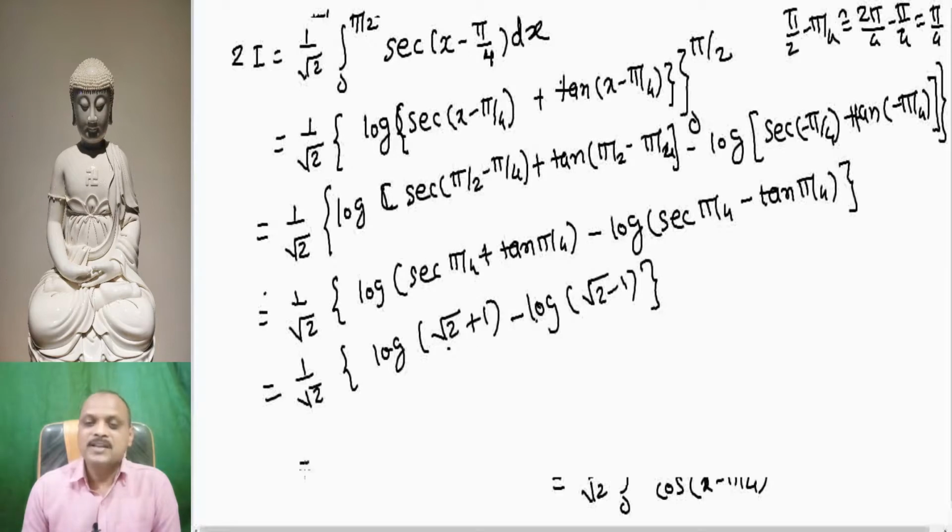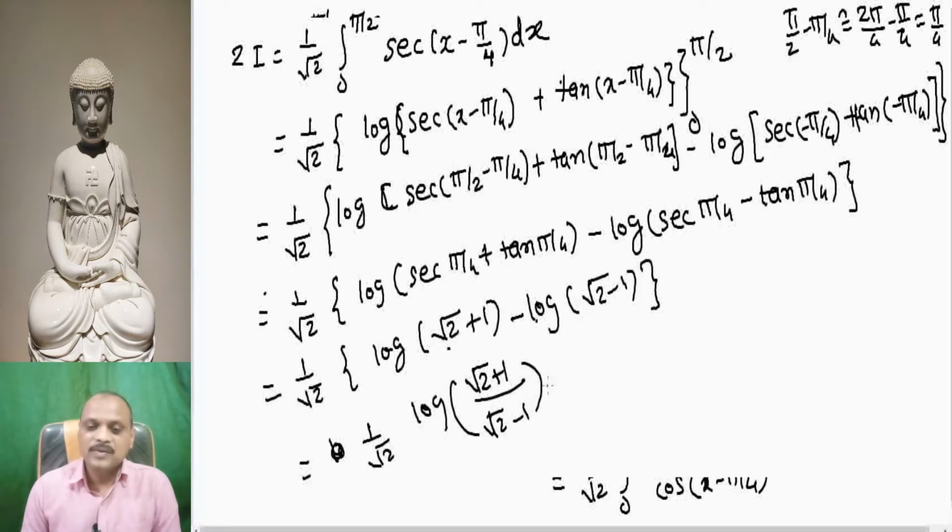Log a minus log b is log of a by b, 1 divided by under root of 2 into log of under root of 2 plus 1 divided by under root of 2 minus 1.